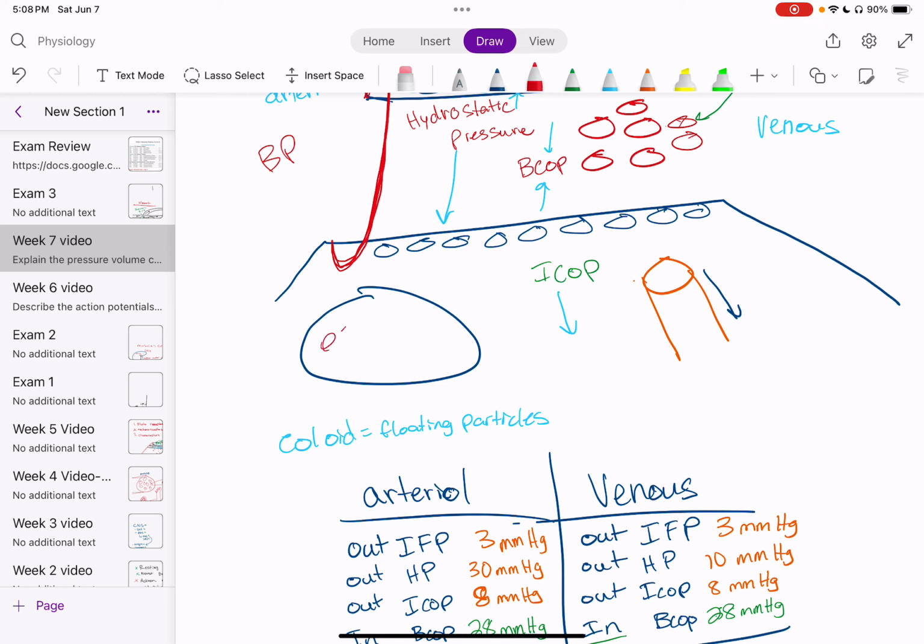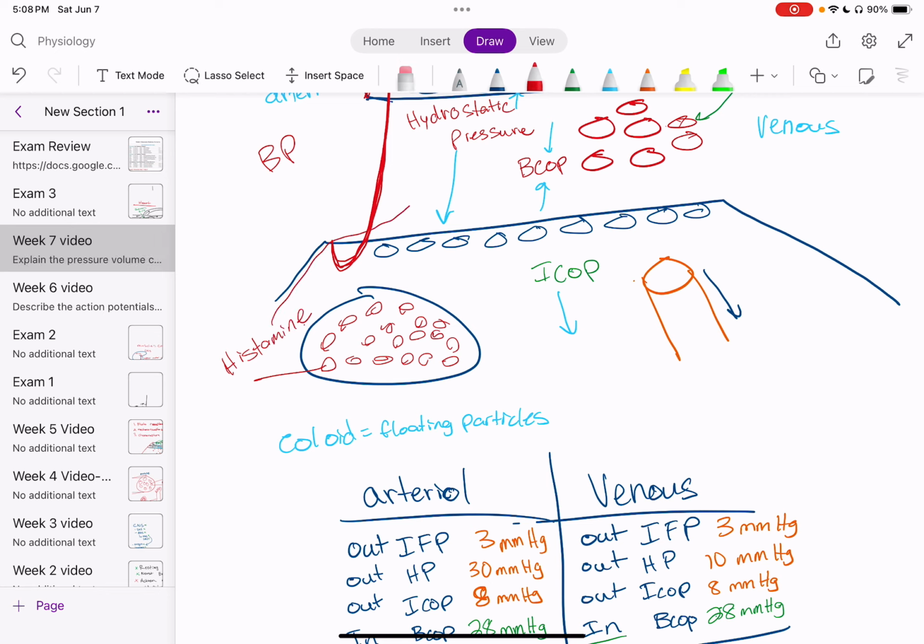These mast cells have all of these things within them, and these red circles are histamines.